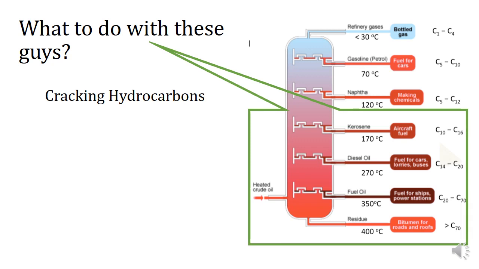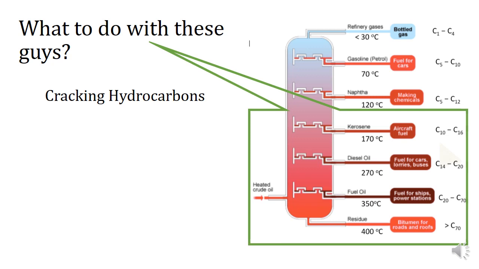As you can see, this is the exact same picture I had earlier. There is a whole bunch of fractions here that are useful, but in limited amounts compared to these guys. So how can I take these guys and make them more useful? That's what we call cracking.